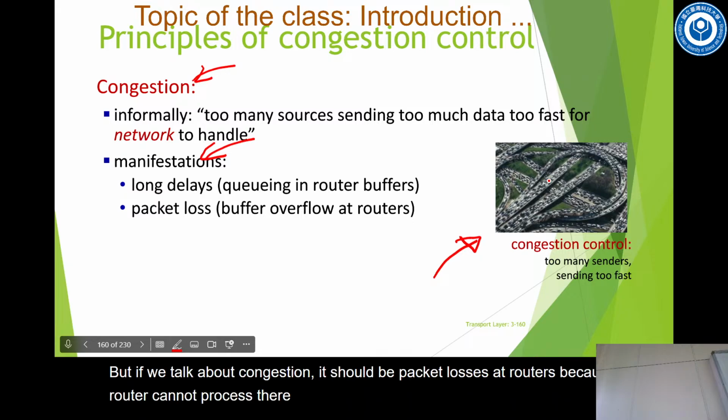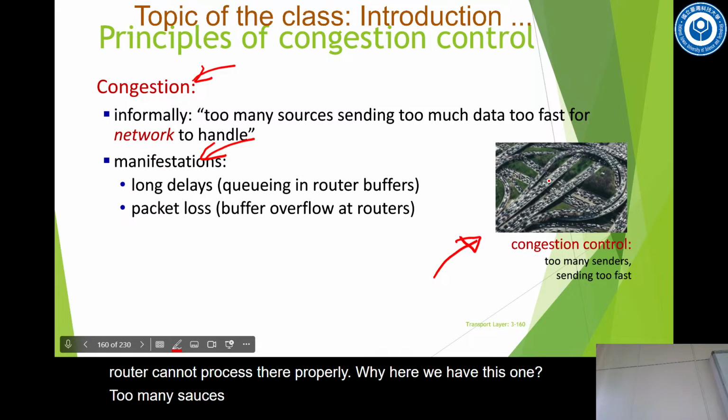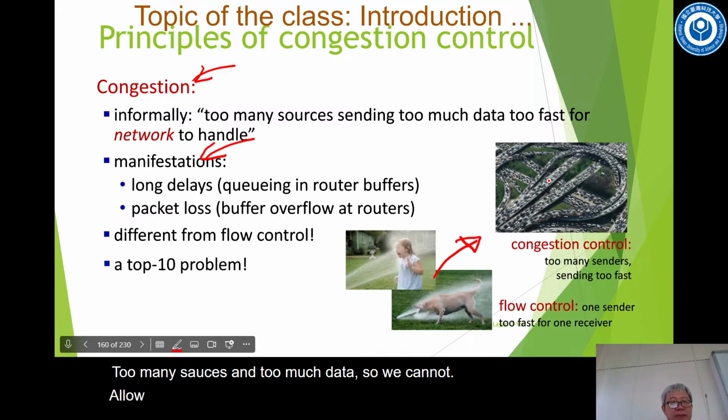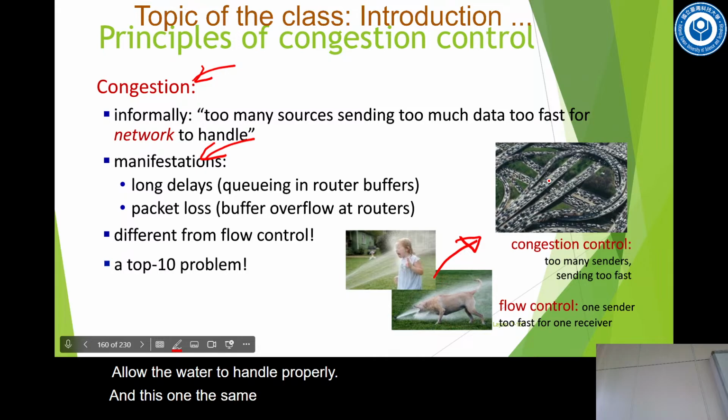Why? Here we have too many sources and too much data, so the router cannot handle it properly. And this one is the same as flow control.